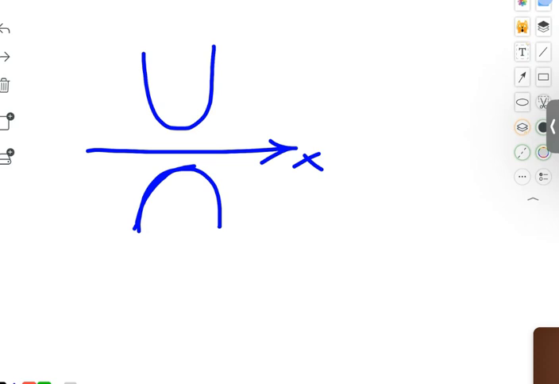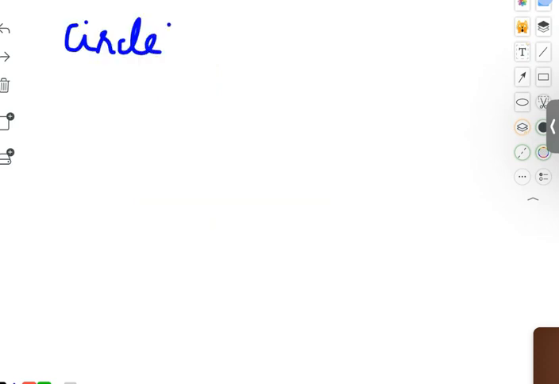What is the definition of a circle going to be?